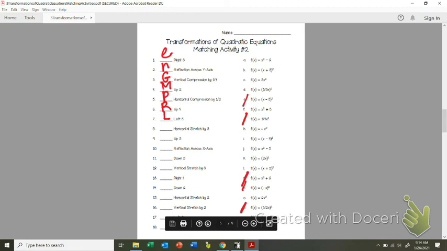Number 8. A horizontal stretch by 3. Horizontal stretch by 3.